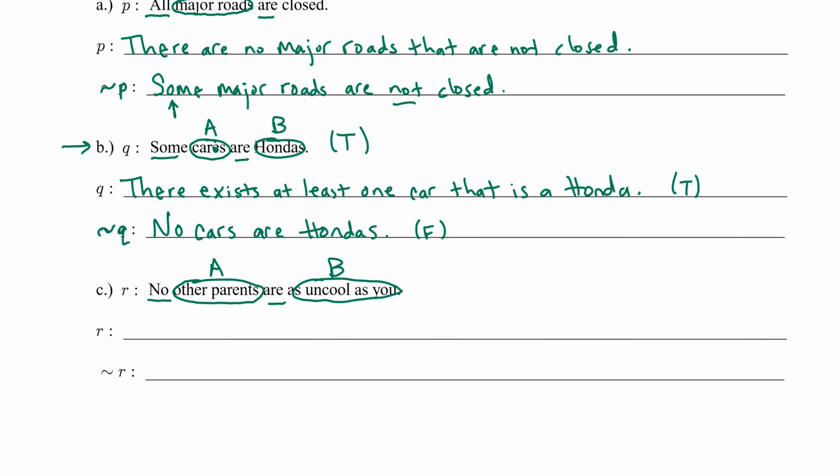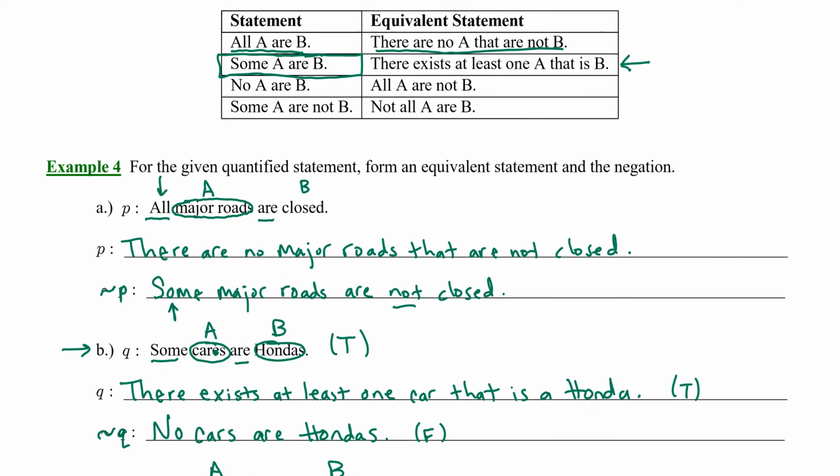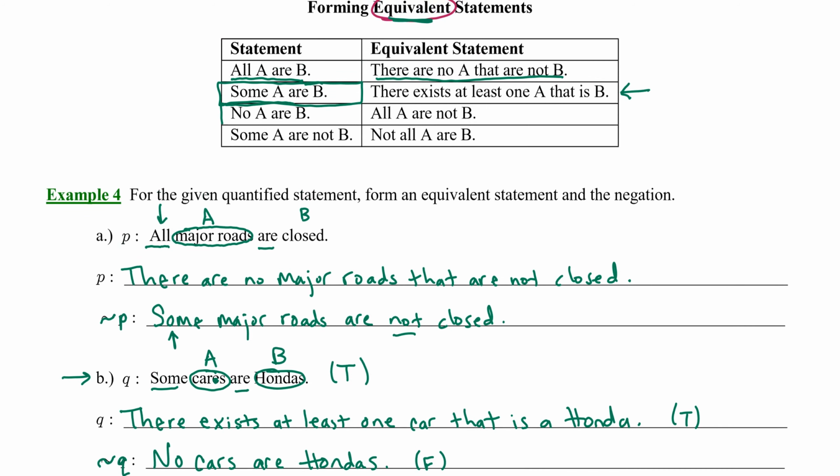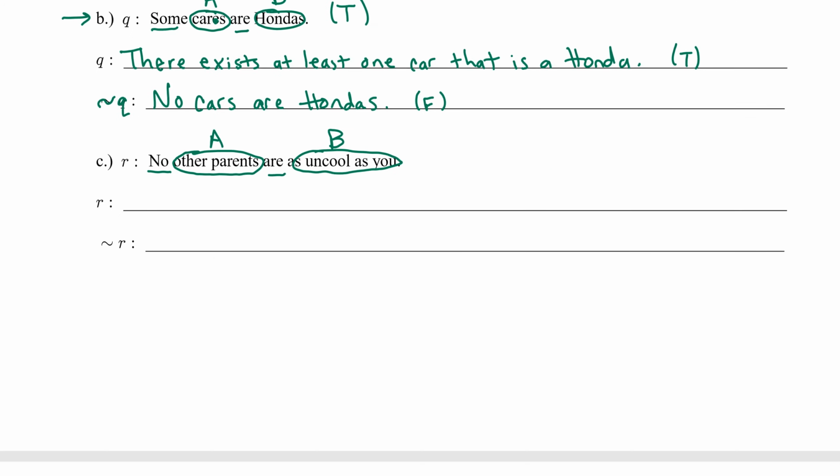We want to form an equivalent statement. So the pattern is no A are B. Another way of saying that is all A are not B. That is, all other parents are not as uncool as you.